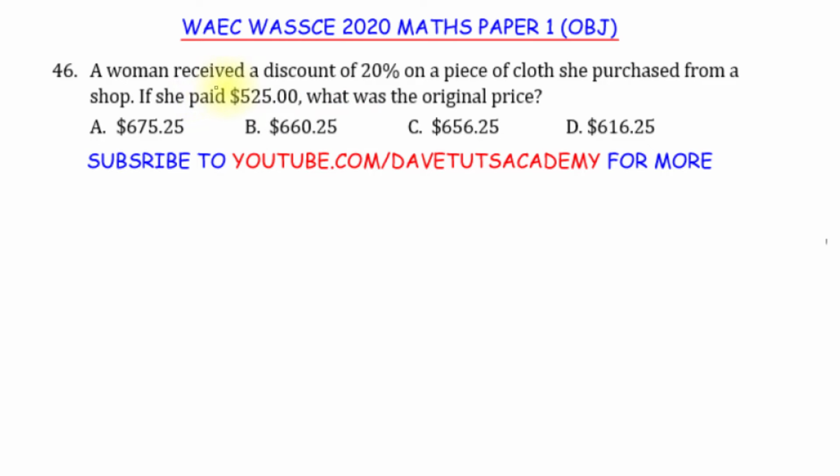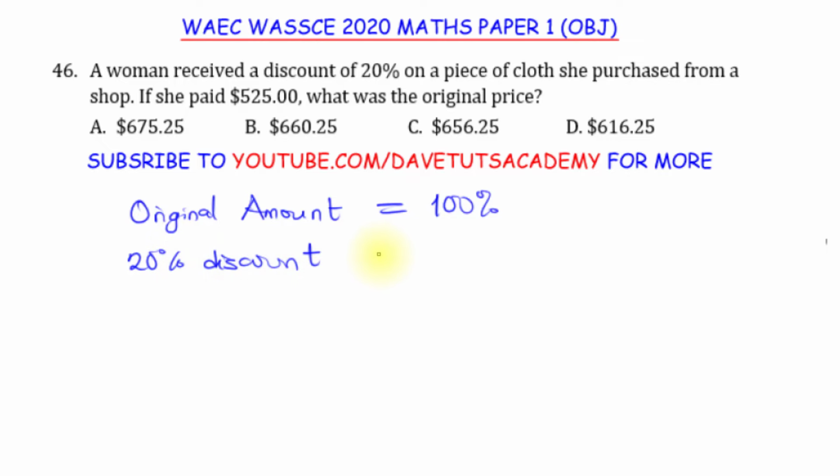Now, we are told that the woman received a discount of 20%. It's a discount, meaning that if the original amount is tagged at 100%, a 20% discount means a reduction of the price, which will amount to 100 minus 20, that will be 80%.